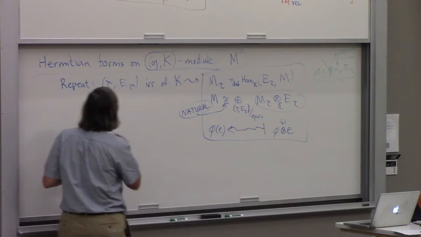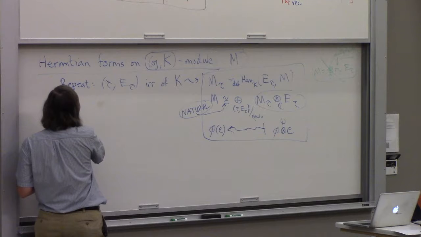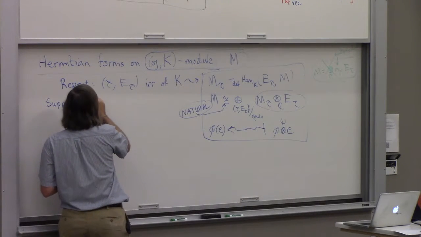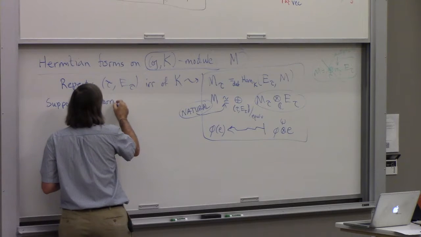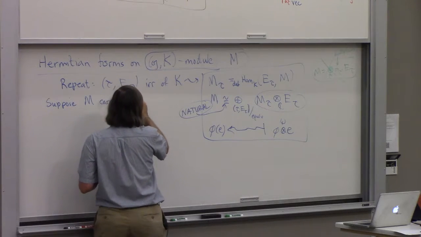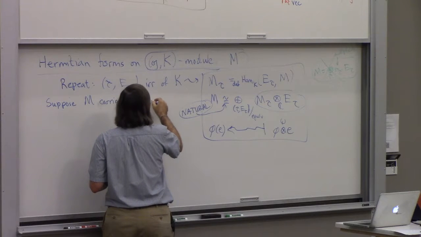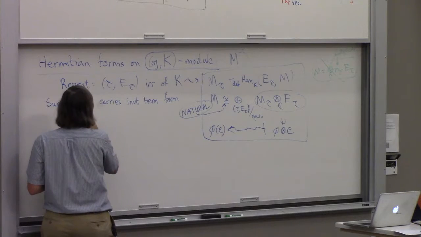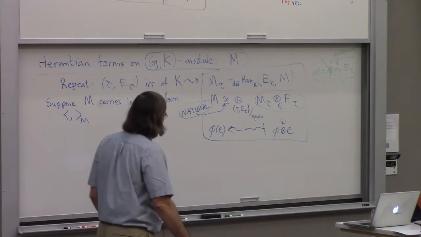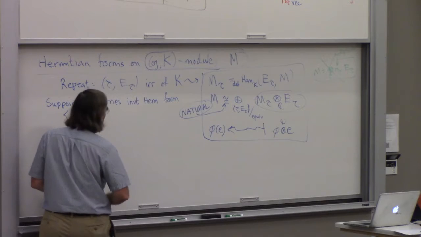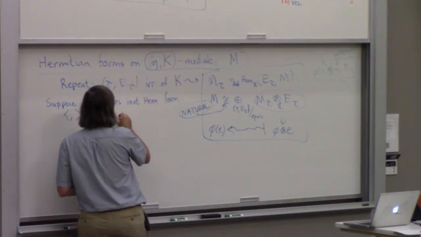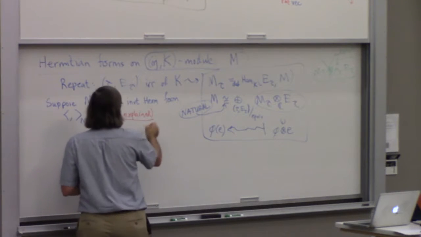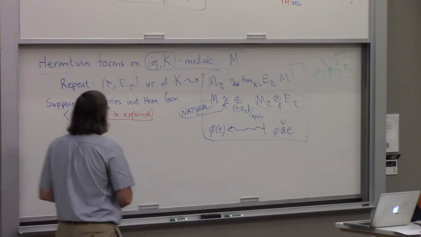For example, suppose that M carries an invariant Hermitian form. I haven't explained this; I need to explain exactly what that is, and I will.